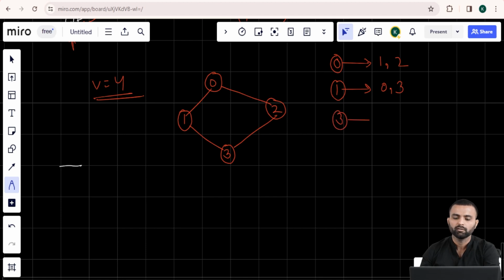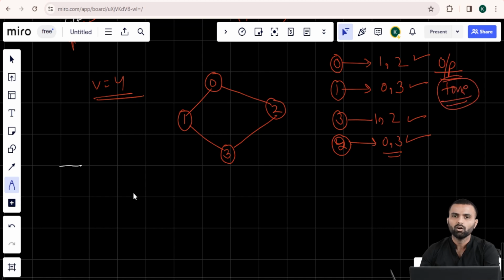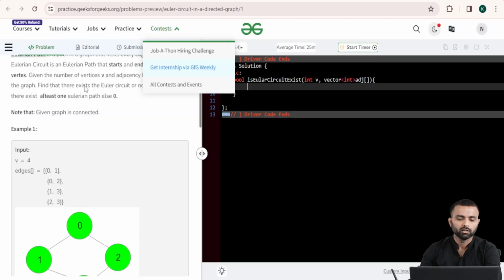If you see clearly, the size is 2, which means the degree is 2. Here 2, here 2, all are even, so the output is true. Hope you understand this.